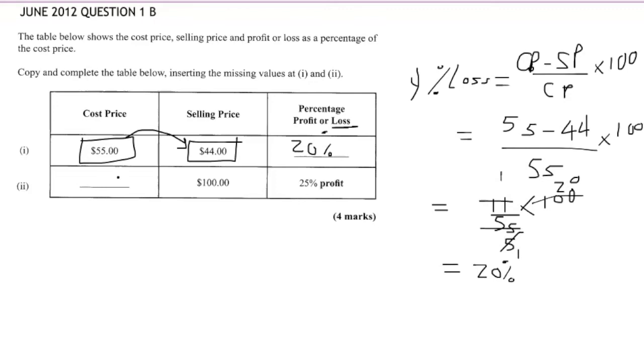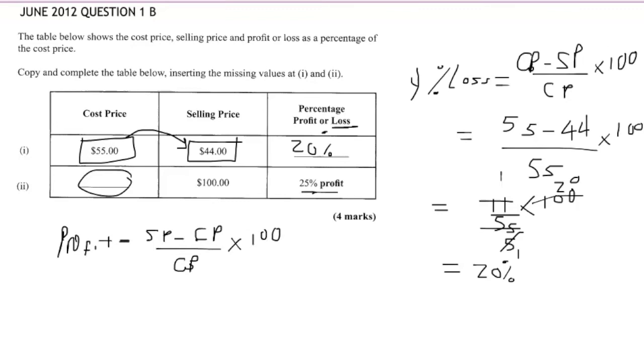The next one I need to find is the cost price. Given that they say it's a profit, then we know that the profit is equal to selling price minus the cost price all over cost price times 100. Now, I know that my profit is 25% and I know my selling price is 100.